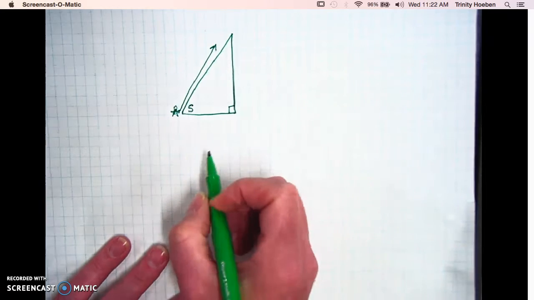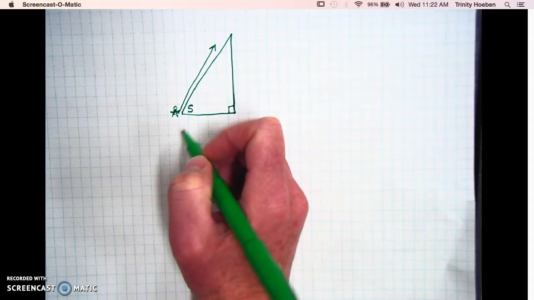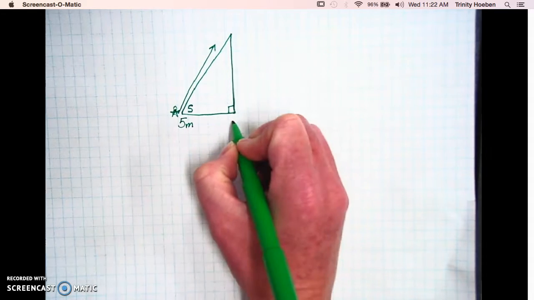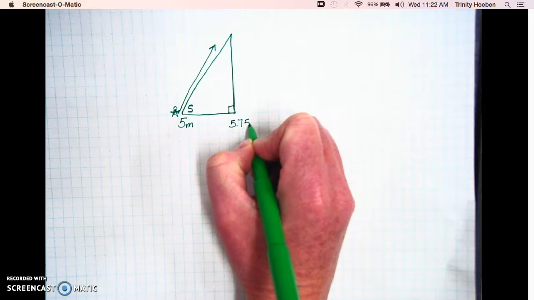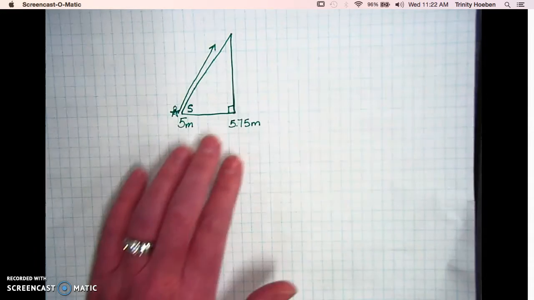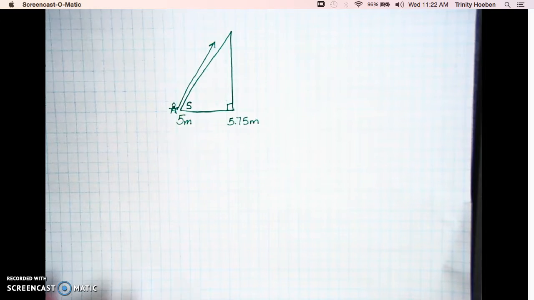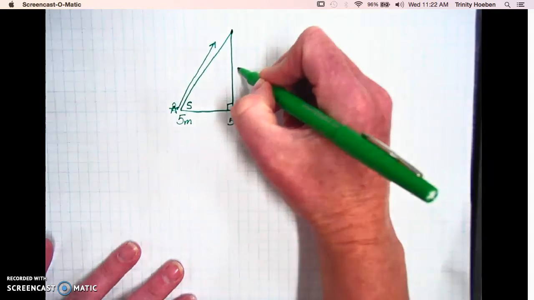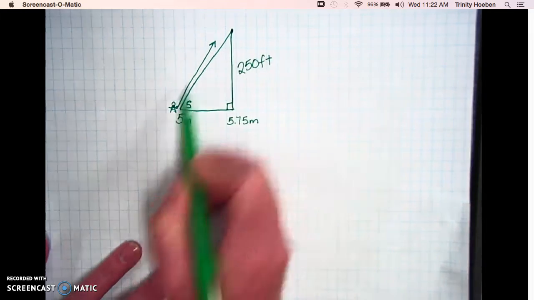So on the map, this happens between mile 5 and mile 5.75. Okay? So in 3/4 of a mile is this really steep hill. And the elevation map says that it's 250 feet that you increase in elevation.